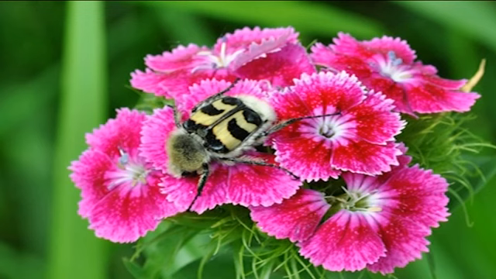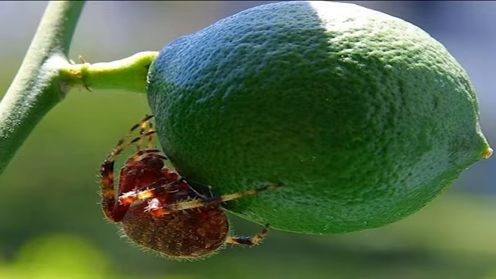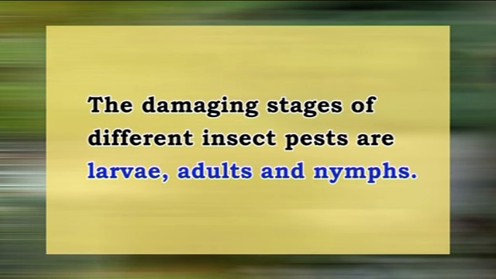Insects are tricky and cause damage in different ways: by sucking sap from plants, by biting plant pods, by boring into fruits, twigs and leaves, by attacking roots, barks and blossoms, etc. The damaging stages of different insect pests are larvae, adults and nymphs.